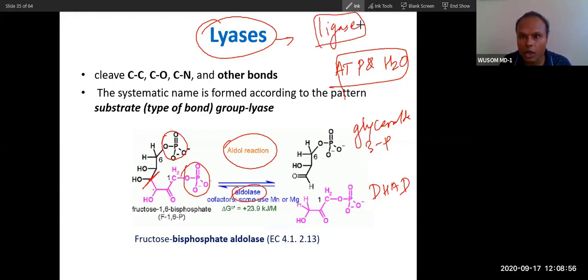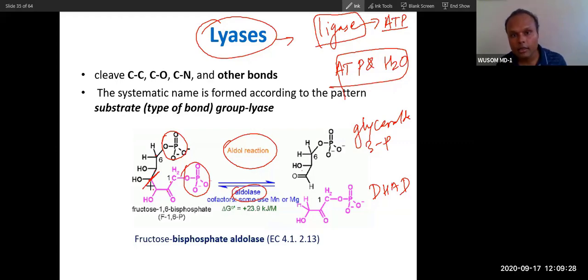But you know, ligase always utilizes ATP. So this is the difference. This one does not utilize ATP. I'll repeat. In the opposite reaction, you will see the 2 compounds being joined. Joining means ligase, but it is not ligase because it is not utilizing ATP. So in order to call any enzyme a ligase, that enzyme must utilize ATP.